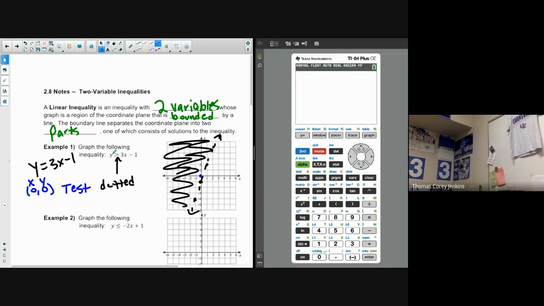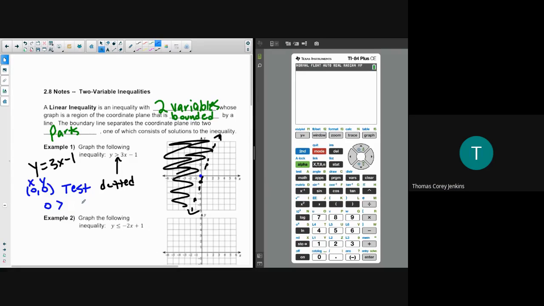Into the original, that would be 0 is greater than 3 times 0 minus 1. So 0 is greater than 0 minus 1. 0 is greater than -1. So is that true or is that false? That is true. So we want to shade on the 0-0 side of the boundary line, which you can see we have. Okay, so hopefully that makes sense.